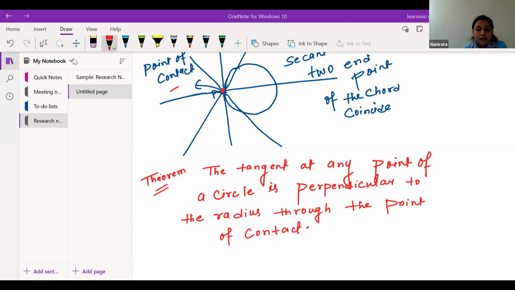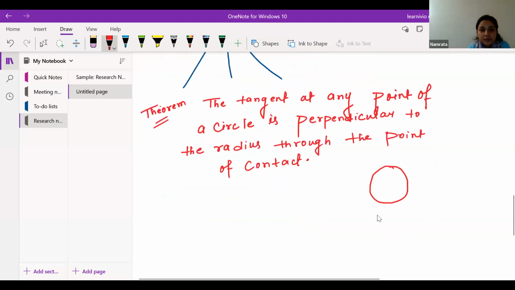Yes. So the theorem says the tangent at any point of the circle is perpendicular to the radius through the point of contact. That's why I was focusing on explaining the meaning of the point of contact. When we have a circle and a point of contact through which we draw the tangent, suppose we draw the tangent through point Q. This is called the point of contact.